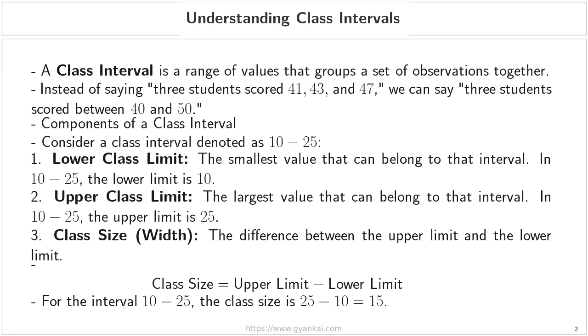Now that we understand why we need to move away from listing every single number individually, let's dive into the actual mechanics of how we do this by looking at class intervals. Understanding these components is crucial, because in the next slide, I'm going to show you a very specific rule about what happens when a number lands exactly on that upper limit.